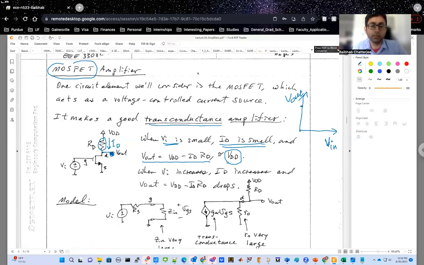That's what is represented by this KVL equation. Now, when you keep on increasing your Vin, your ID will also increase and your Vout will drop after some point. That's why your VTC looks like this: as you keep on increasing your Vin, your output voltage drops. So now you know why your voltage transfer characteristic looks like what we had shown before.